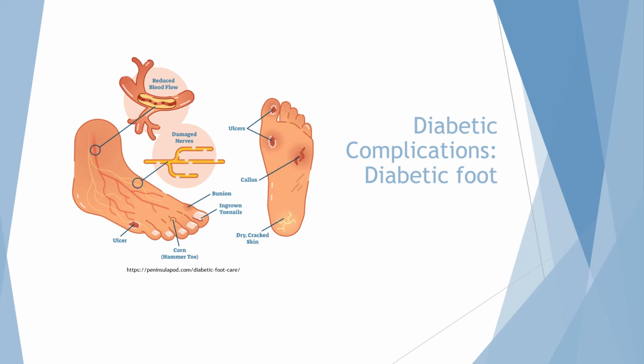Each of the stages can be further divided into stages A, B, C, and D. A is without either infection or ischemia, B is with infection, C is with ischemia, and D is for both. So in total, there would be 4 times 4 or 16 classifications for diabetic foot. The risks of developing this presentation include hyperglycemia, but also dyslipidemia, smoking, or hypertension.